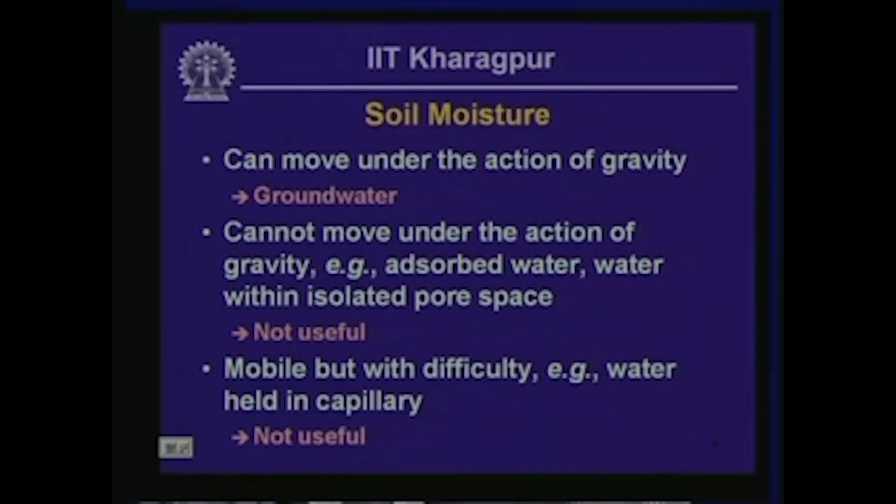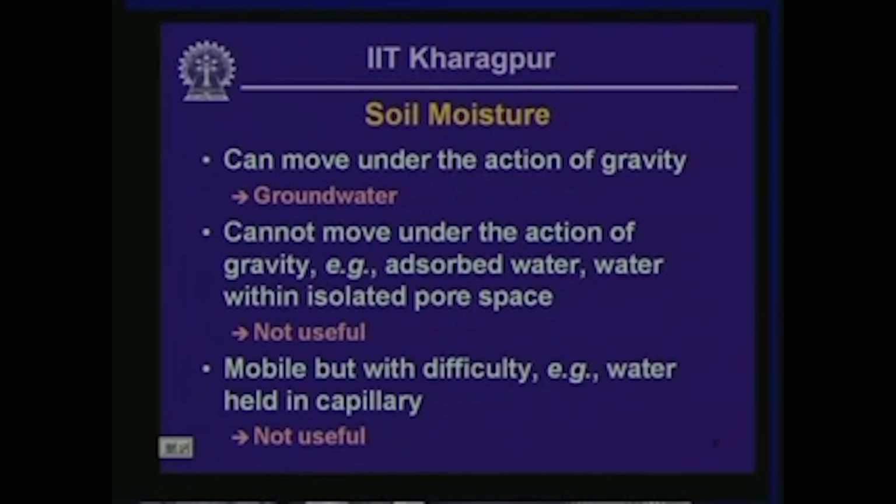So, soil moisture is composed of three different components. One portion which flows relatively easily, and that is the groundwater, which is useful for human consumption. Then there is another portion which is trapped within non-interconnected pore space or adsorbed.